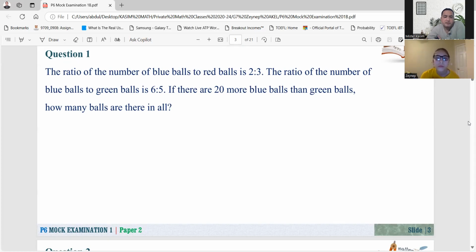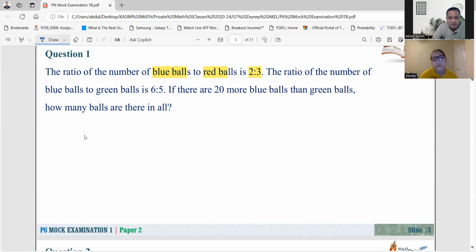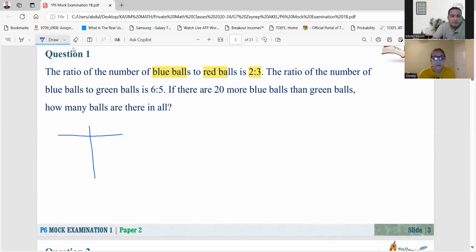Okay. So the ratio of blue balls to red balls is 2 to 3. Let's try to understand what we mean by 2 to 3. Let me draw a table here. This one is blue balls, and this one is green balls.